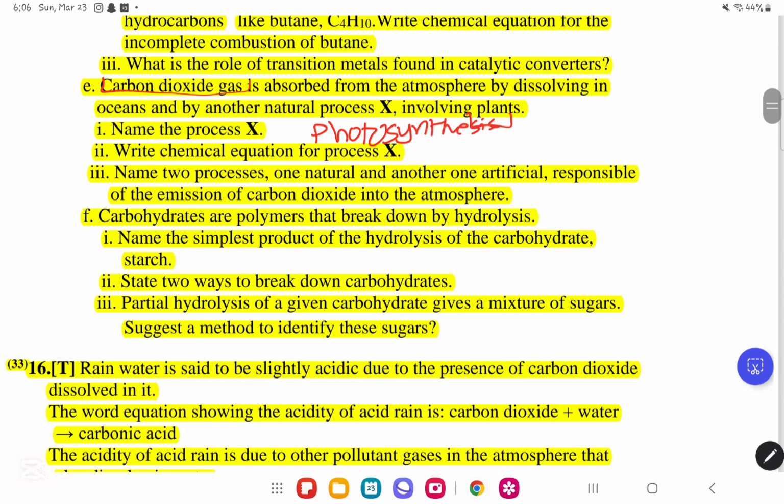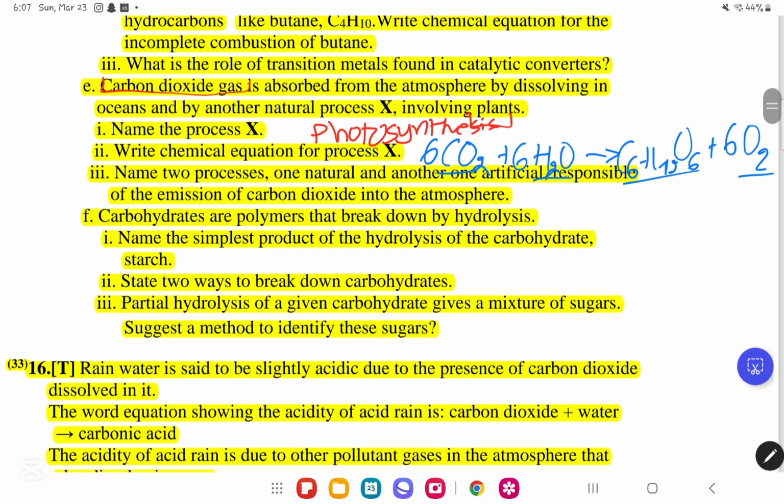Now, write the chemical equation for the process X. It is 6CO2, which will react with 6H2O to give us C6H12O6 in addition to 6O2. So remember, carbon dioxide plus water will give us sugar plus oxygen, always in the presence of chlorophyll and sunlight.